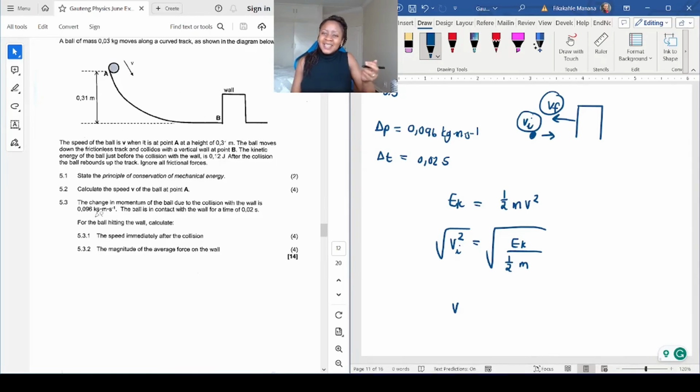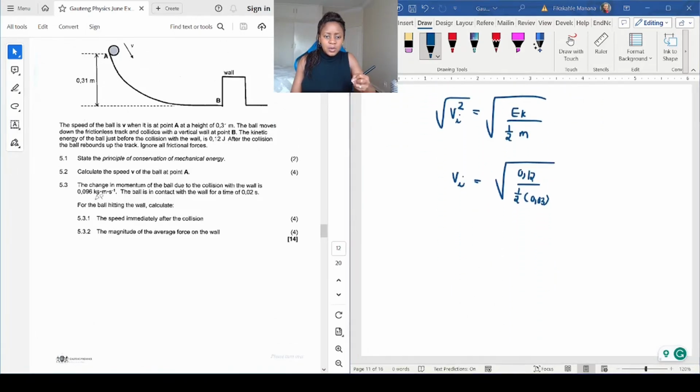The rebounding velocity, which is the final velocity, we're expecting to be negative because it's going in the opposite direction. So our initial velocity will be equal to the kinetic energy, which was given as 0.12, divided by a half times 0.03 kilograms, and we're square rooting everything.